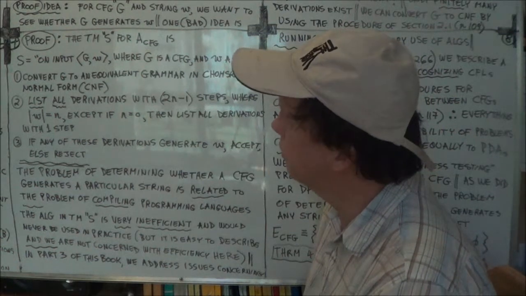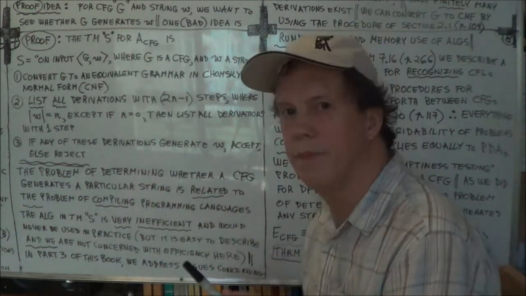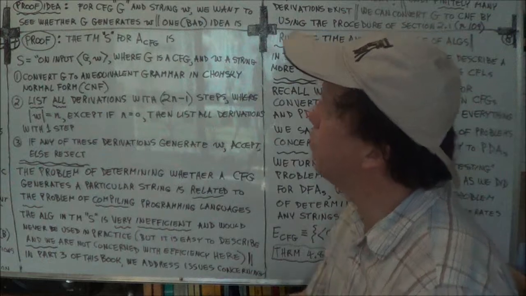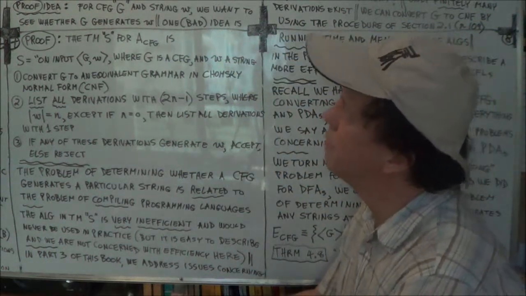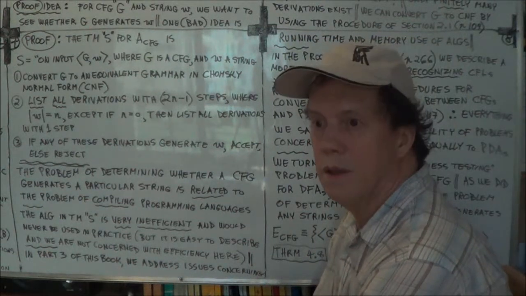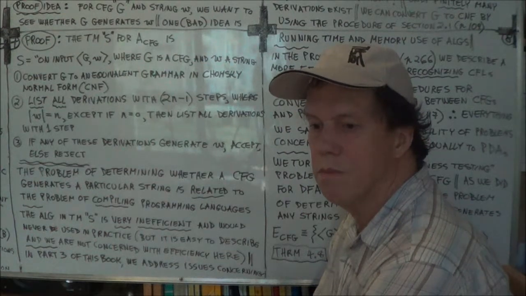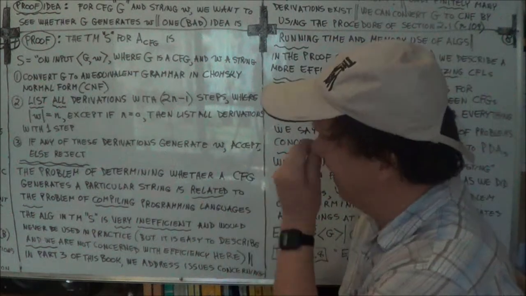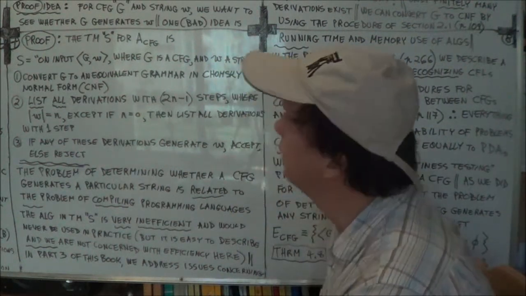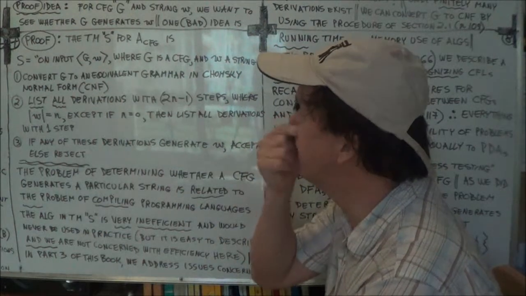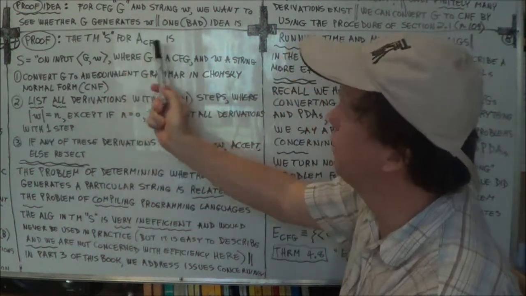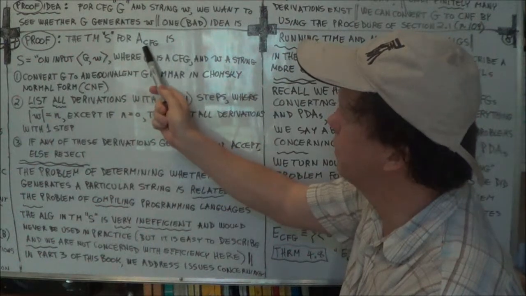So we will now create the Turing machine. We'll give an algorithm that decides that language, and hence, with the usual chain of reasoning, we can get an answer to the question yes or no whether big G generates string W. Let the machine that we're constructing, it's a construction proof, be called S. And this Turing machine will decide, well, that's what we're about to prove, this language A CFG.